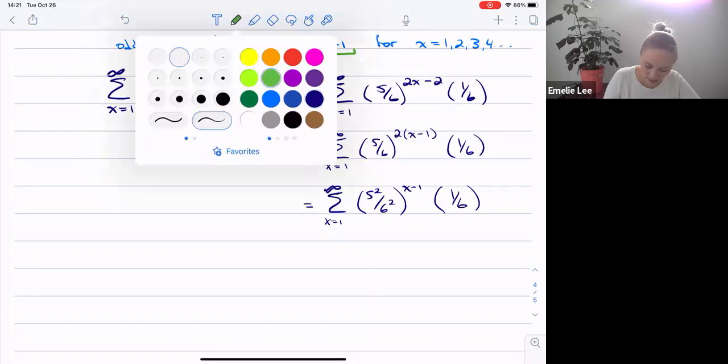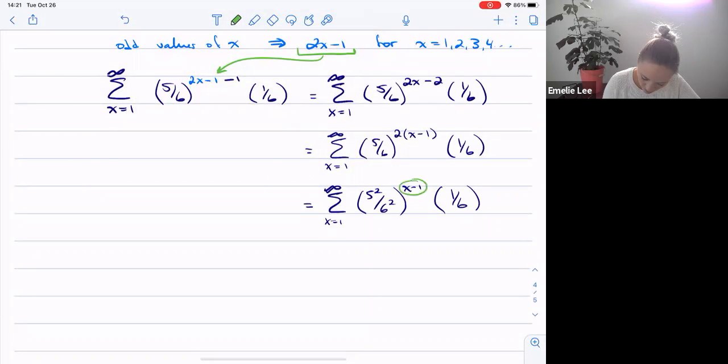So then again, just like before, k is x minus 1, but when x is 1, k is 0. And then it goes to infinity, that's fine.